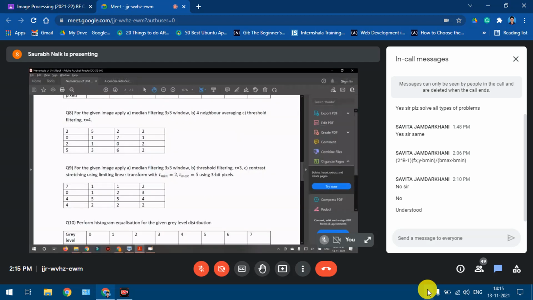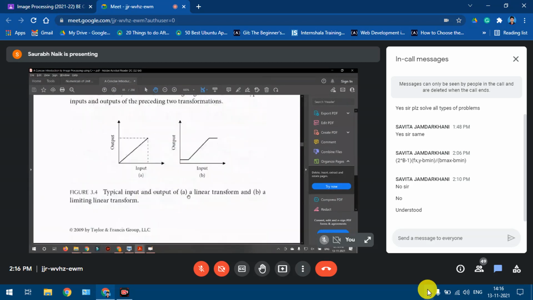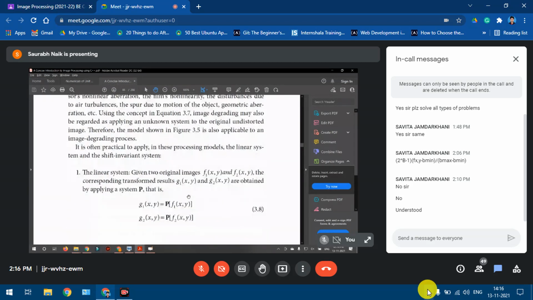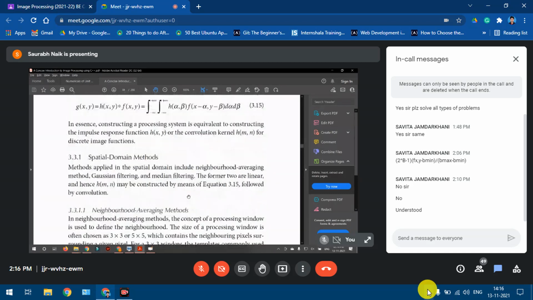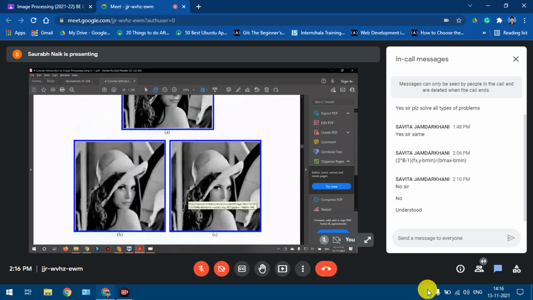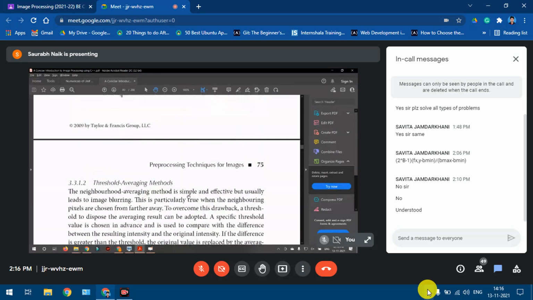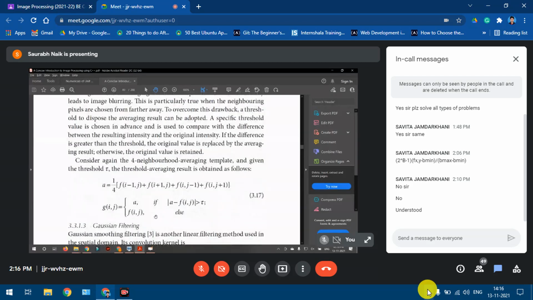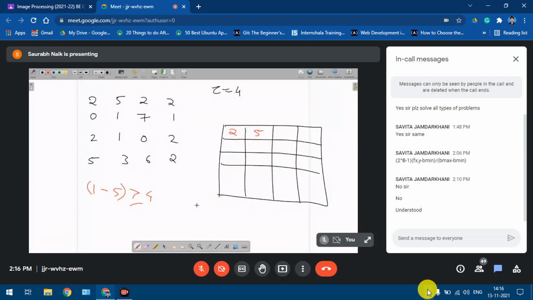Let me just recheck it over here, whether it is less than or less than or equal to. Threshold averaging: greater than. If the absolute value difference is greater than the threshold, then only you consider it as the new value. Otherwise, you consider it as the original value. So in this case also, we can't take the newly calculated value.